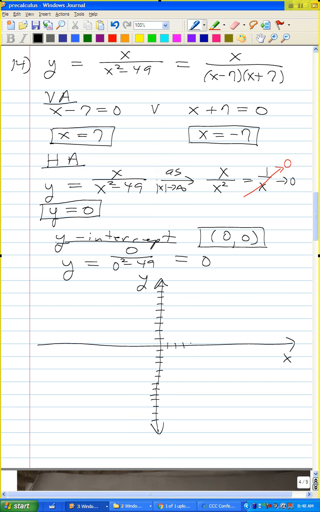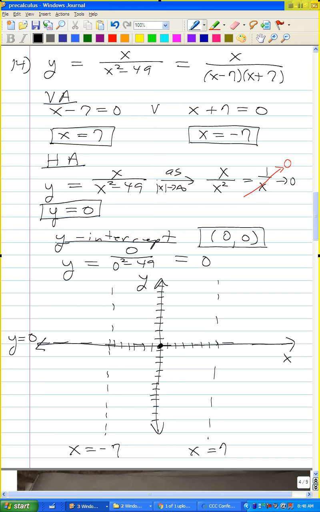Okay, so I have x equals negative 7, x equals positive 7. Those are my vertical asymptotes. I have y equals 0. Here's my horizontal asymptote. It passes through 0.